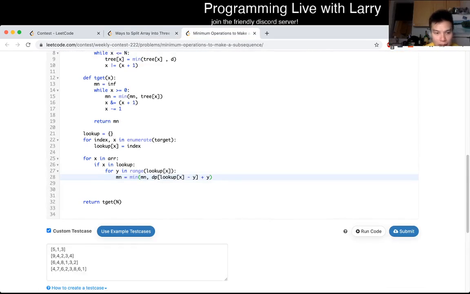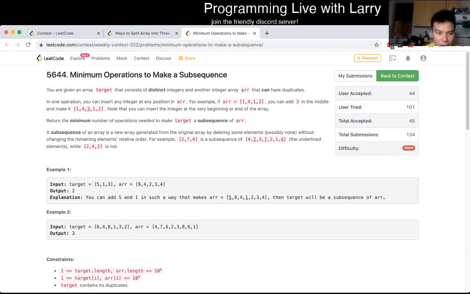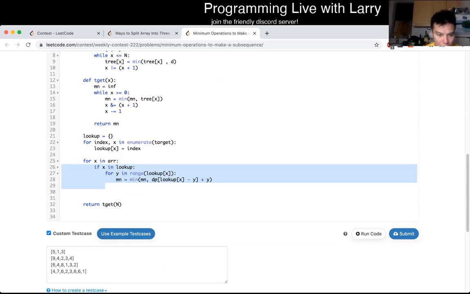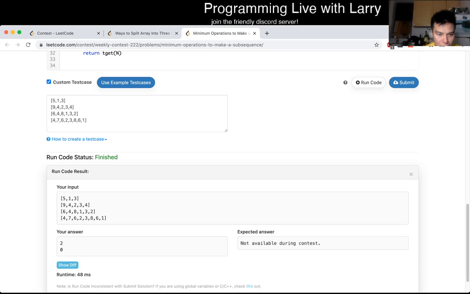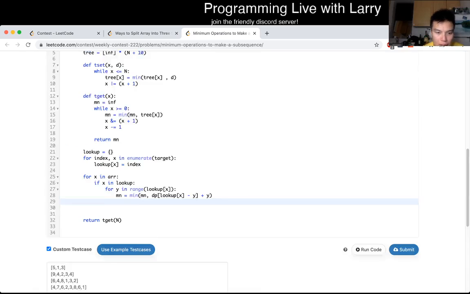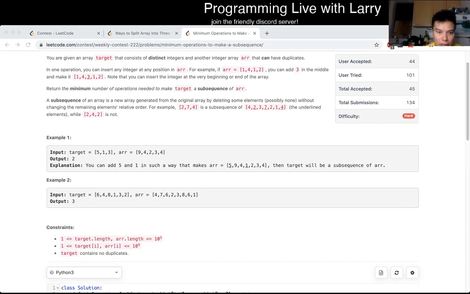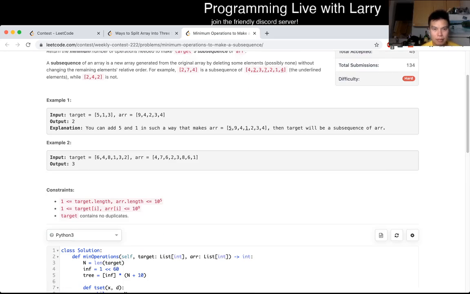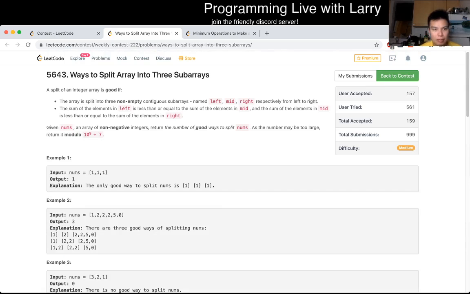This one I just don't have the grind for today. Actually, I guess I could do suffix sum as well.